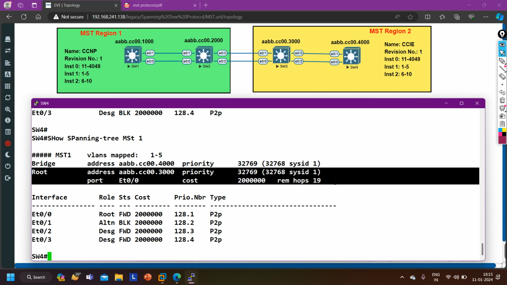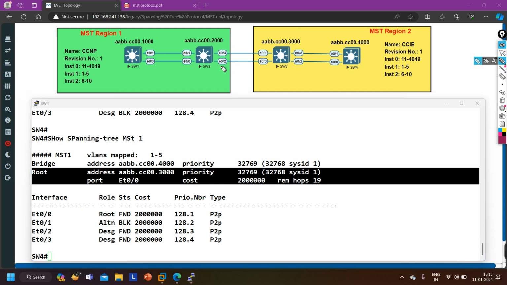For instance 1 and instance 2 on switch number 4, you cannot see the inter-regional root bridge or CIST, because, as I told you, switch number 3 will check only the MST 0 information. It will ignore the M-record information, and inside the M-record there is the information of instance 1 and instance 2, right?